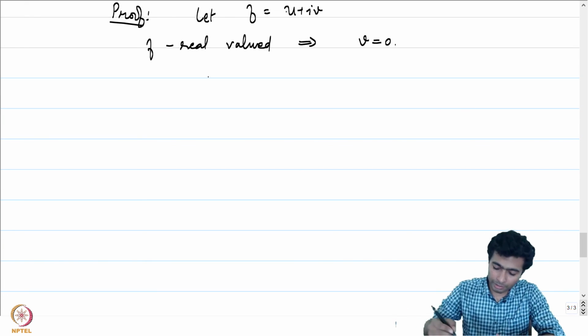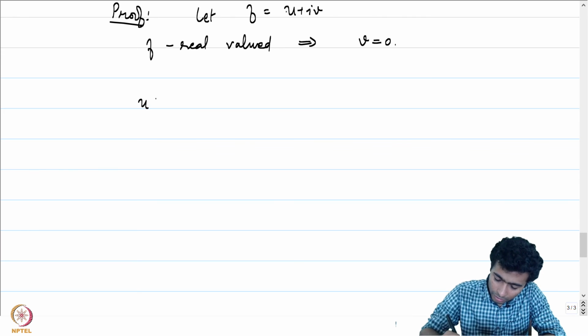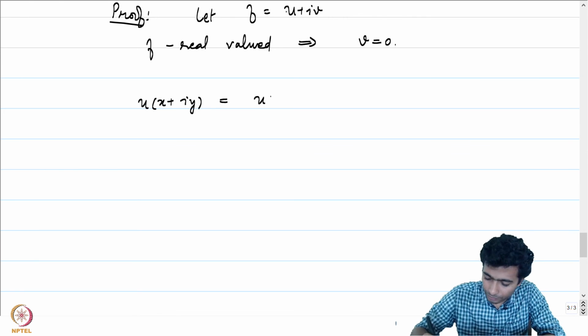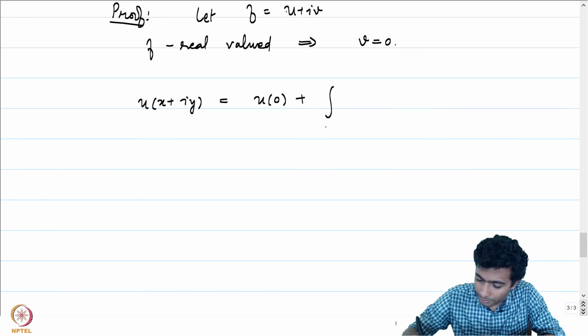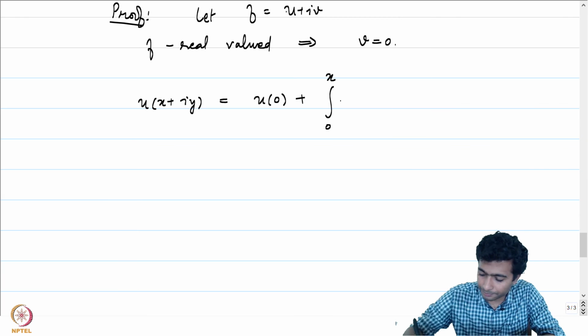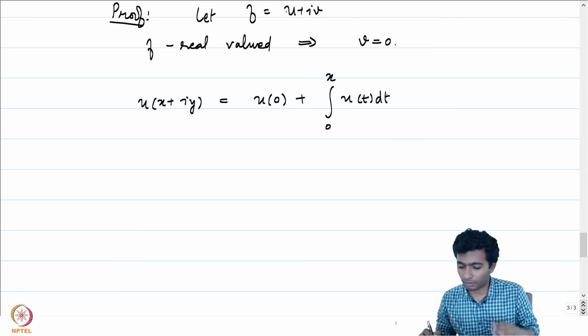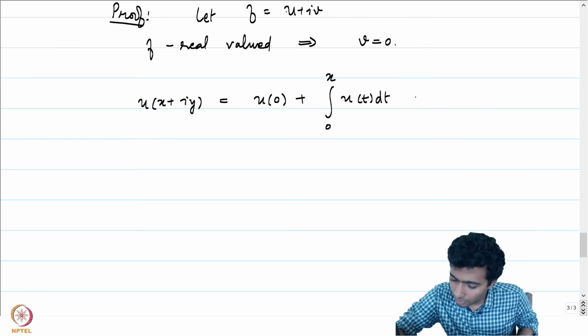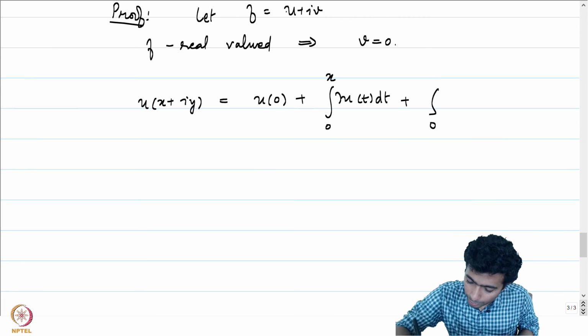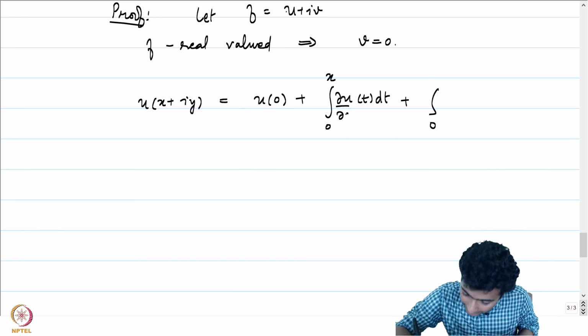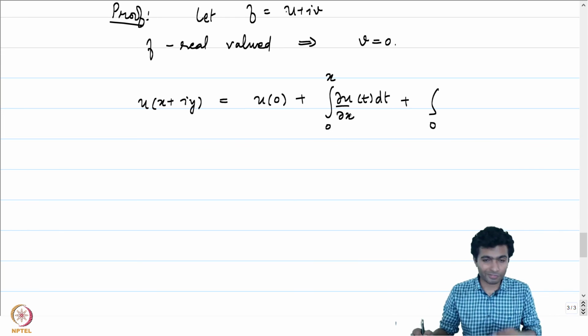By the fundamental theorem of calculus, u of x plus iy is going to be equal to u of 0 plus the integral from 0 to x of ∂u/∂x of t dt.